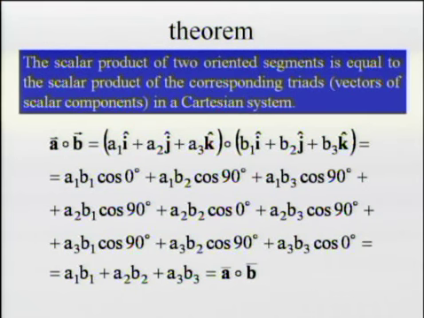I will multiply first component by first component, add product of second component by second component, and add product of third component by third component. Now, if I knew the lengths of the two arrows and the angle between them, how would I calculate scalar product? Length times length times cosine of the angle between them.